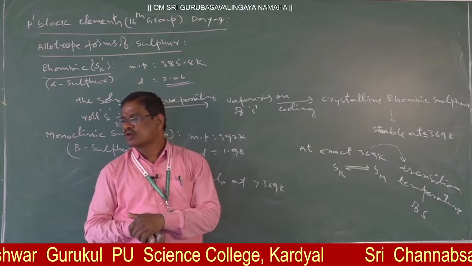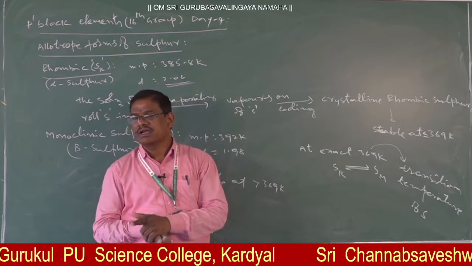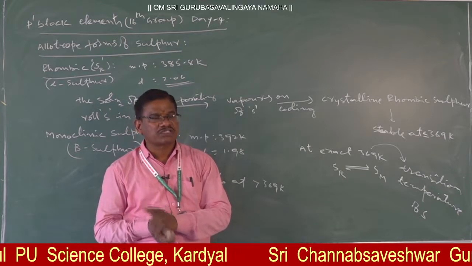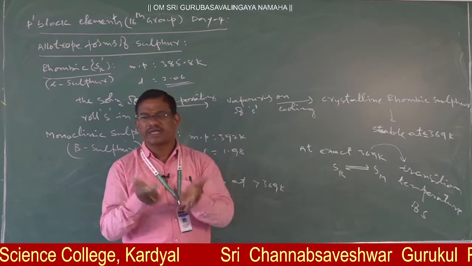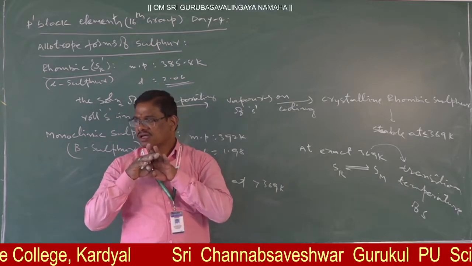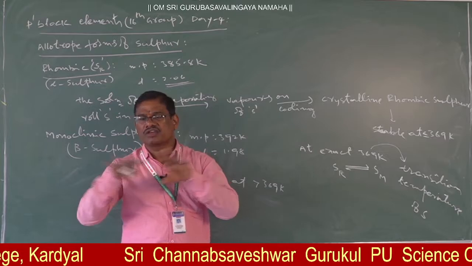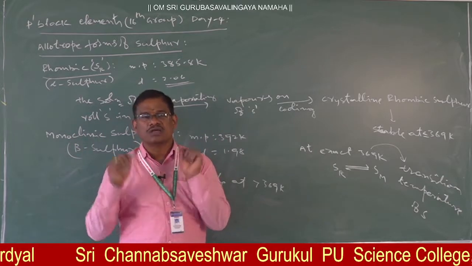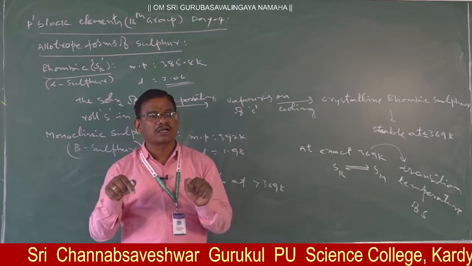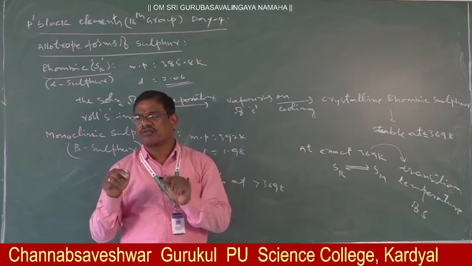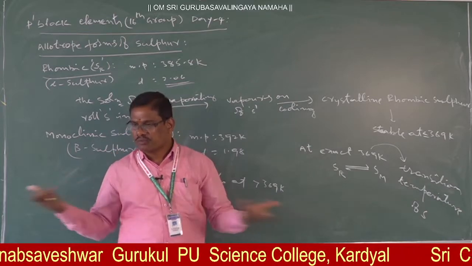Clear? This monoclinic sulfur is prepared when the molten form of the rhombic sulfur is allowed to stay in a dish until a certain crust forms on the surface, and through the crust 2 holes are made, and any molten liquid is poured out.